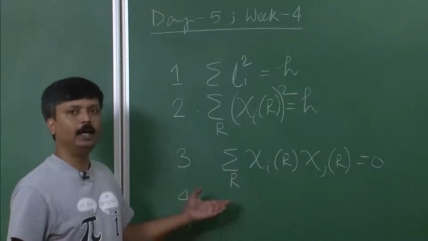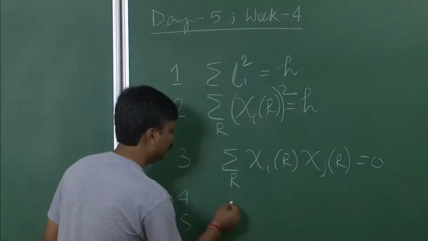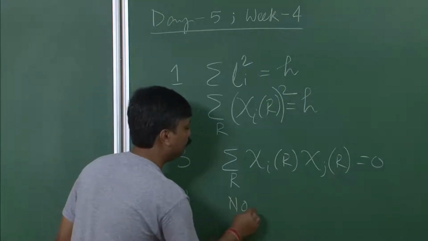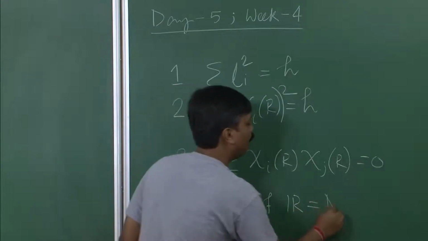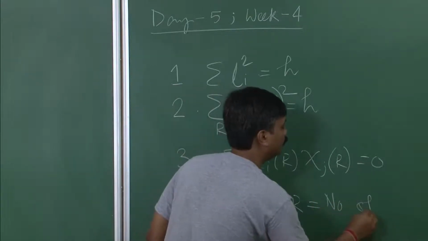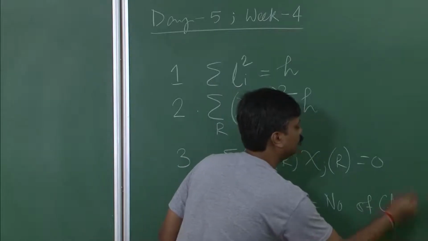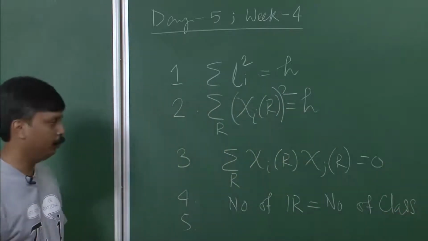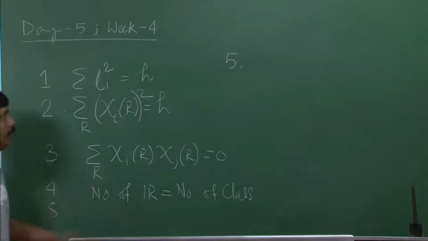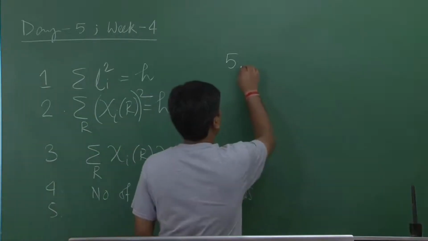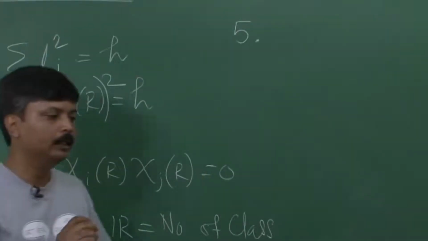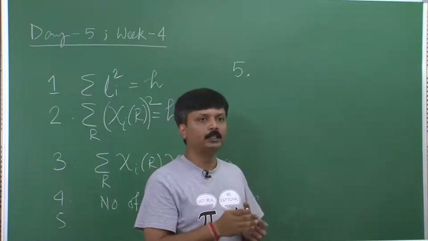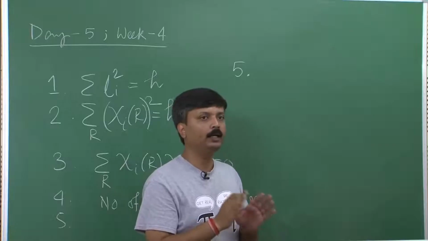The fourth says that the number of irreducible representations equals the number of classes present in the point group. The fifth rule is that the characters corresponding to the symmetry operations belonging to the same class are identical.